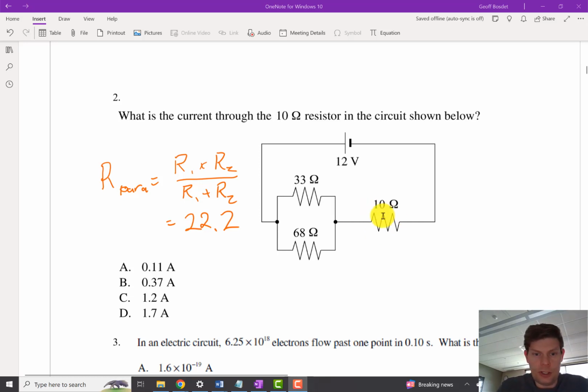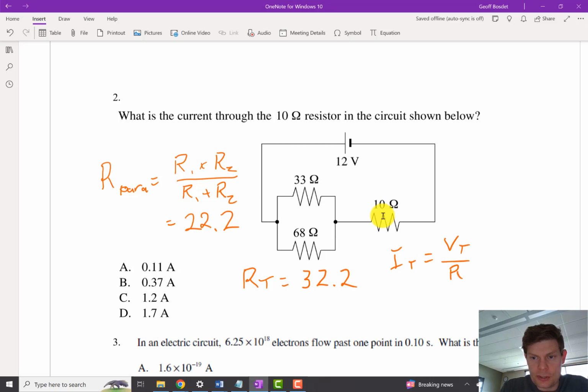So our total is just equal to 32.2, leading to our total current equaling the total voltage divided by the total resistance, just using Ohm's law. So that's just 12 divided by 32.2, which is equal to 0.373 or so, or 0.37 amps.